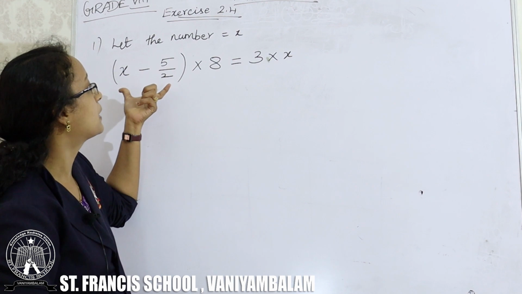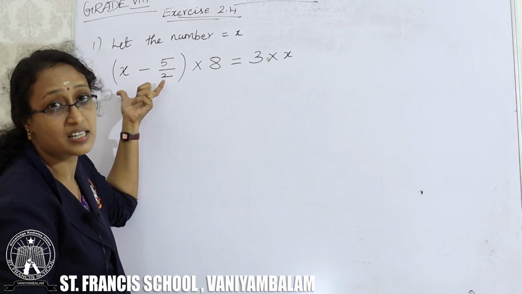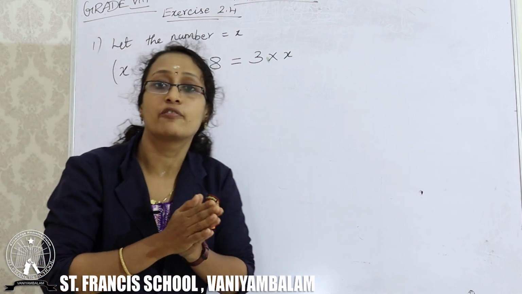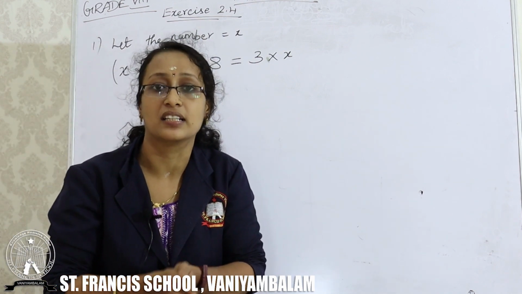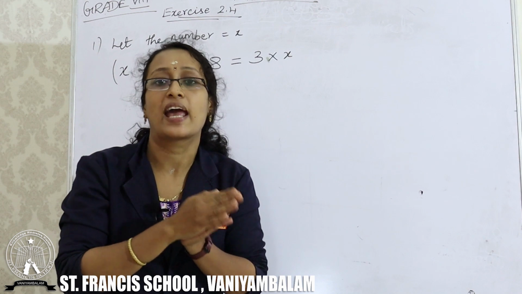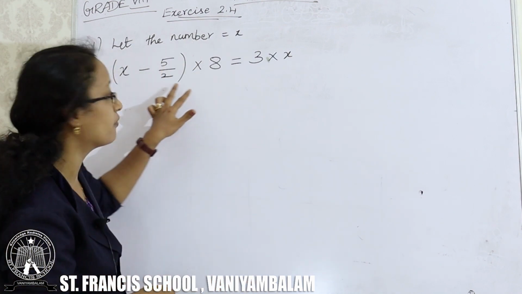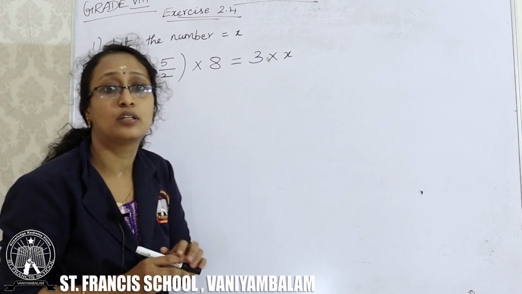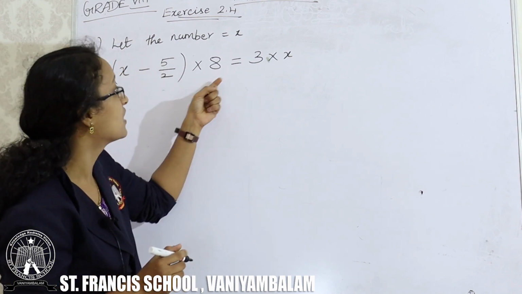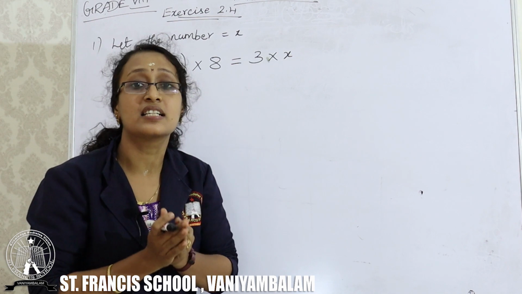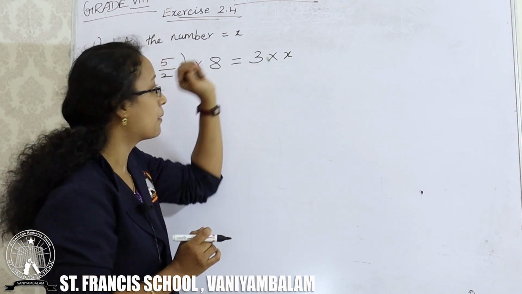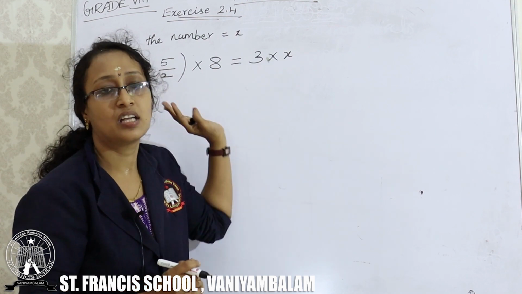I am going to multiply the result of x minus 5 by 2, not 5 by 2 alone, with 8. That's why we put a bracket here. So the result of x minus 5 by 2 multiplied with 8 gives the result now obtained as 3 times the number. What is our number? x. So this is the equation.